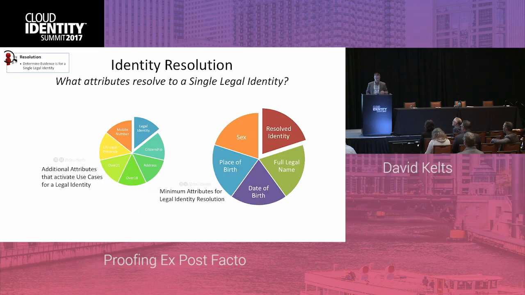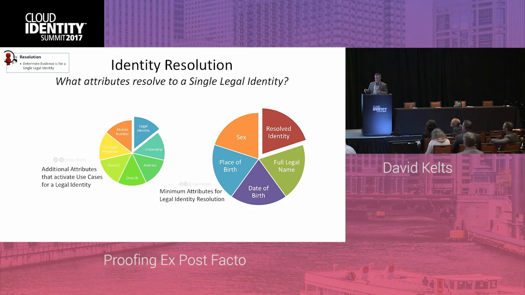So looking first at resolution. There's a minimum set of attributes that you could say, I know who this person is. And if you're talking about legal identity, that's typically a birth, right? So the likelihood that a person with that legal name, at that date of birth, at that place of birth, that there's two of them is pretty remote.